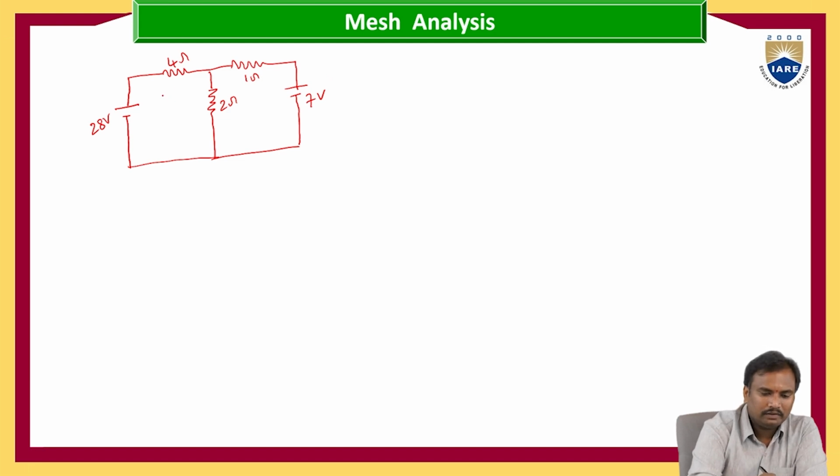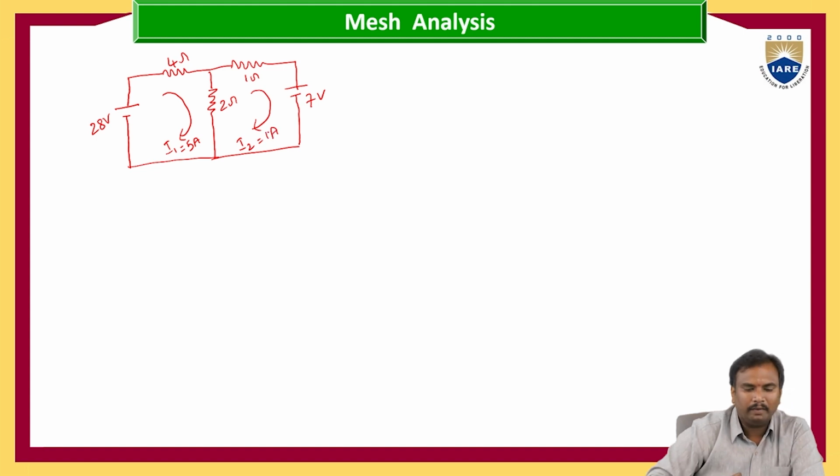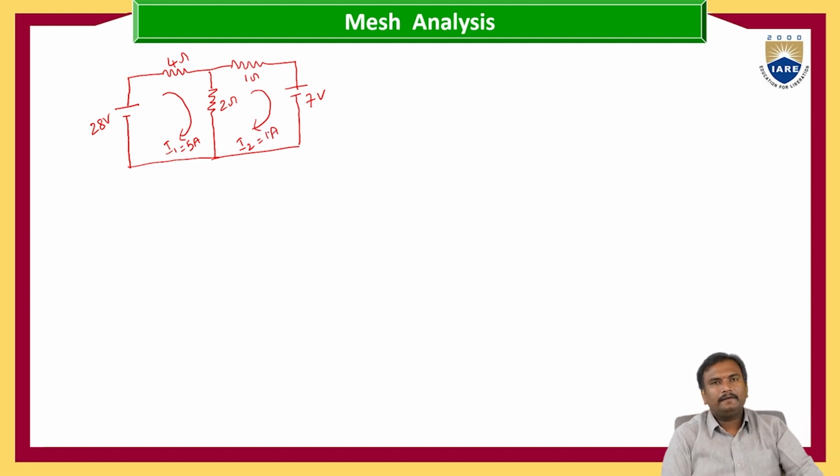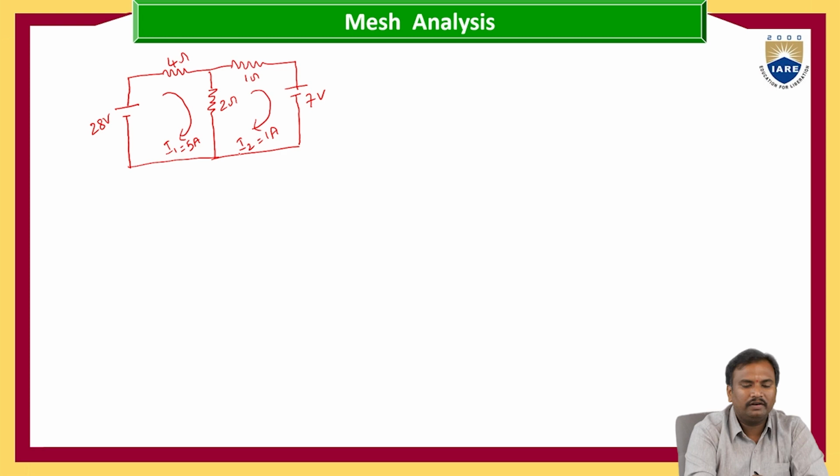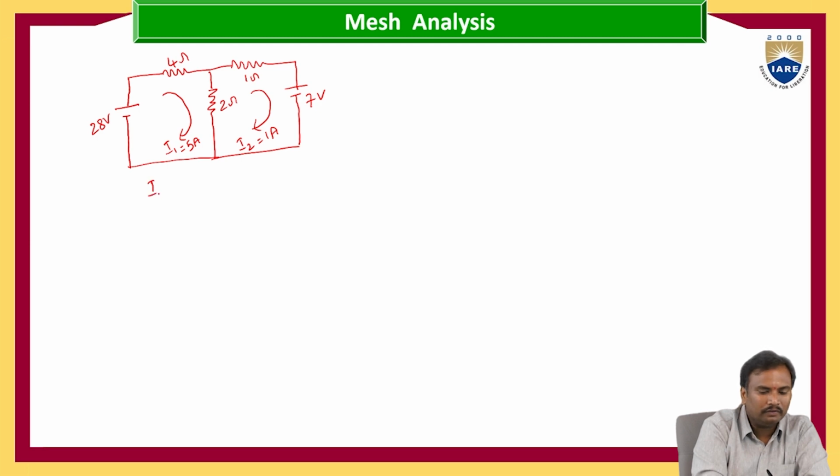Here we got this current as I1, which is 5 amperes, and this current we got as I2, that is equals to 1 ampere. What is the current flowing through 28 volts?